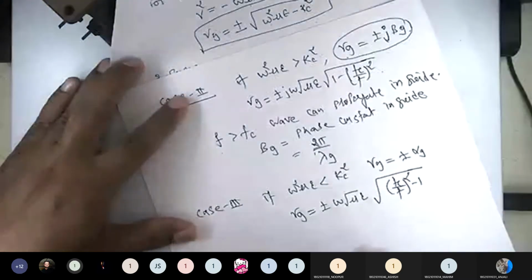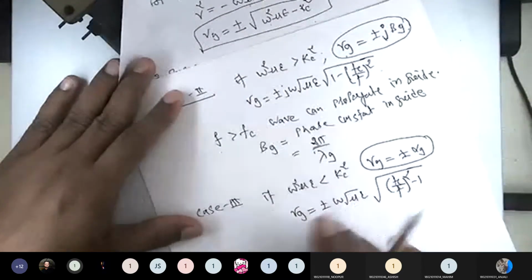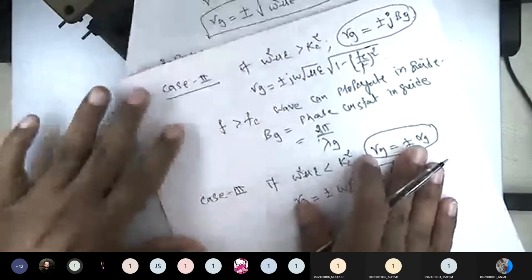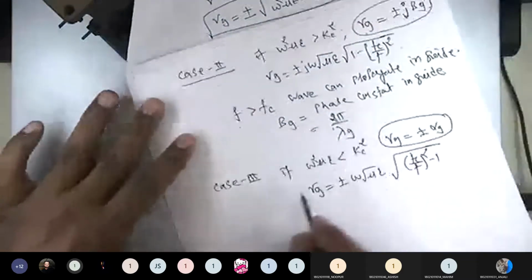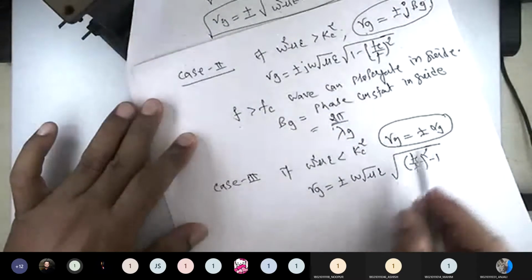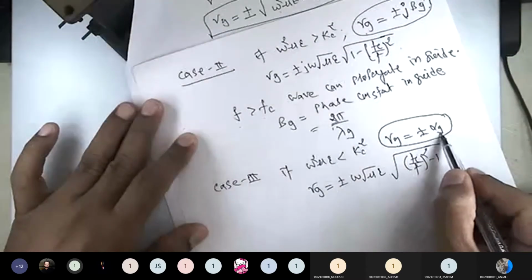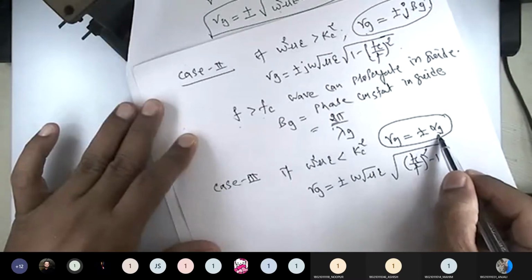So here, because we are getting only an attenuating term in this condition, all the wave which is coming inside the guide will be attenuated inside the guide, and hence the wave cannot propagate inside the guide.